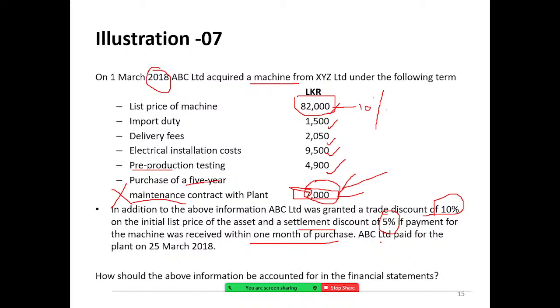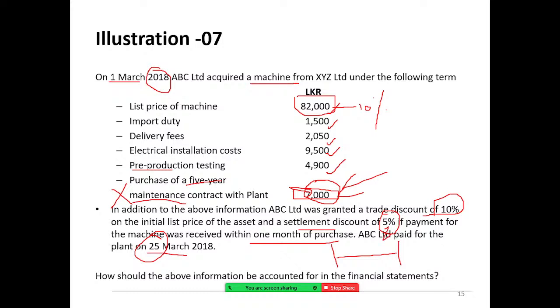ABC Limited paid for the plant on 25th March 2018. They purchased on 1st of March and settled the money on the 25th, so it falls within the 1 month period, and the entity is entitled to this 5% discount.